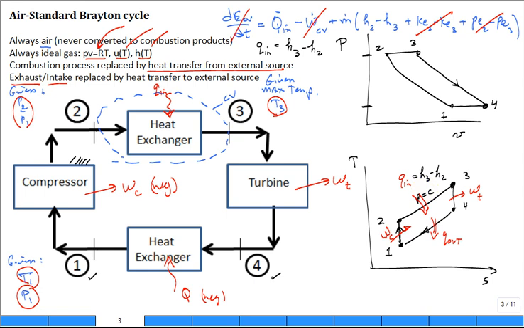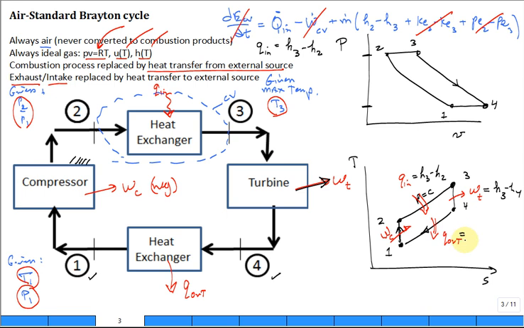Let's do the same thing for the work out developed by this turbine. Is that going to be H3 minus H4? Okay. Here, now because I've drawn this out, I want to abandon this and talk about a positive Q out. So a positive Q out, what is that equal to?